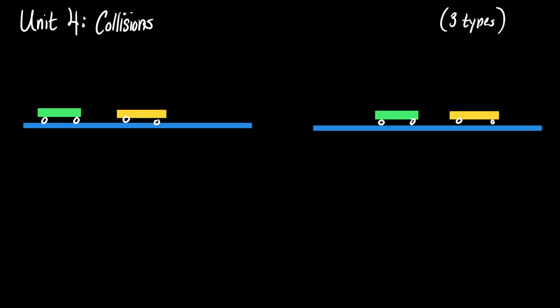So in this example, let's assume the green car was moving and the yellow car was at rest. And the green car had a mass of, let's go with 500 grams. And let's say the yellow car, 250 grams.